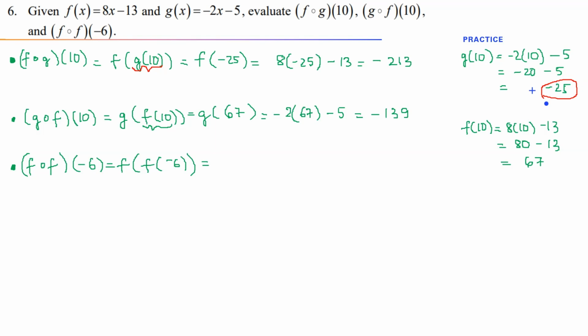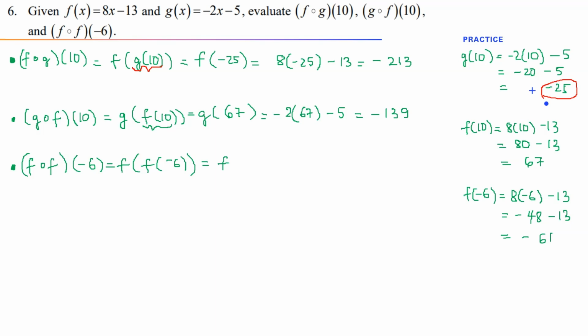Now we have to find what is f of negative 6. f of negative 6 equals 8 times negative 6 minus 13. 8 times negative 6 is negative 48 minus 13. Okay, 8 plus 3 is 11. Remember 1? 61. So negative 61.